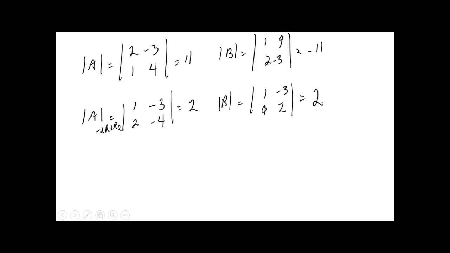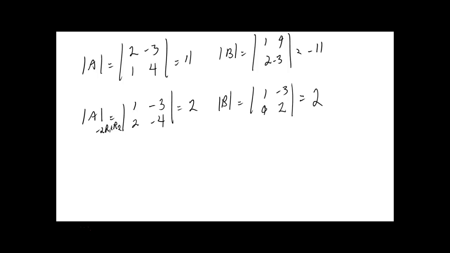Now, this doesn't prove it, but at least it shows it, that exchanging 2 rows is going to negate your determinant. At least in that example it did. Adding a multiple of 1 row to another row is going to keep your determinant the same. Doesn't change it. And by the way, that's a triangular matrix, isn't it?